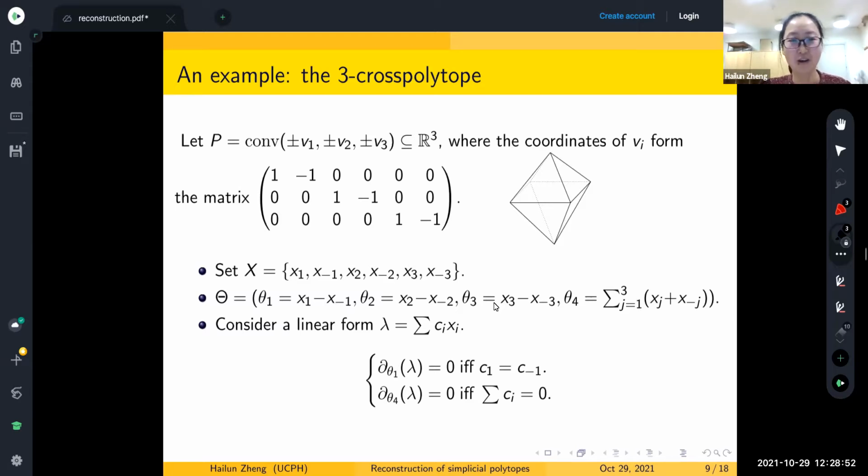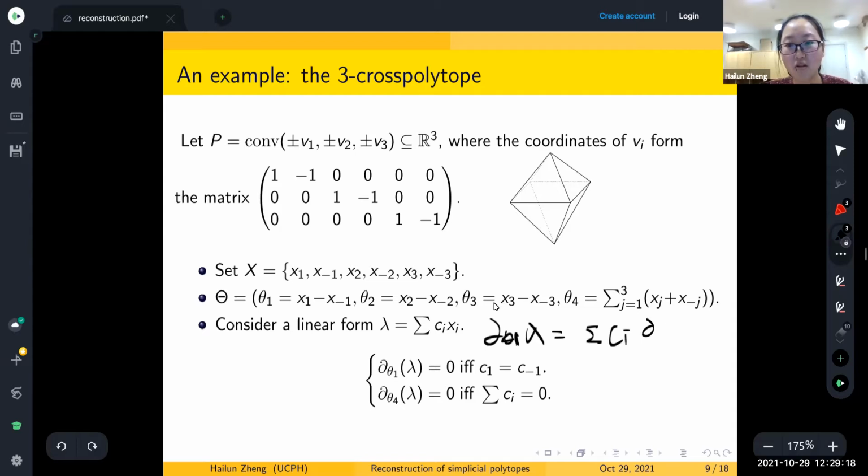And now, just to help us understand how to calculate this differential operator, how it works for an arbitrary function, let's say that I have a linear function, which is the sum of ci xi. What does it mean that partial theta 1 of lambda is 0? By the definition, this is the sum of ci partial lambda over partial xi.